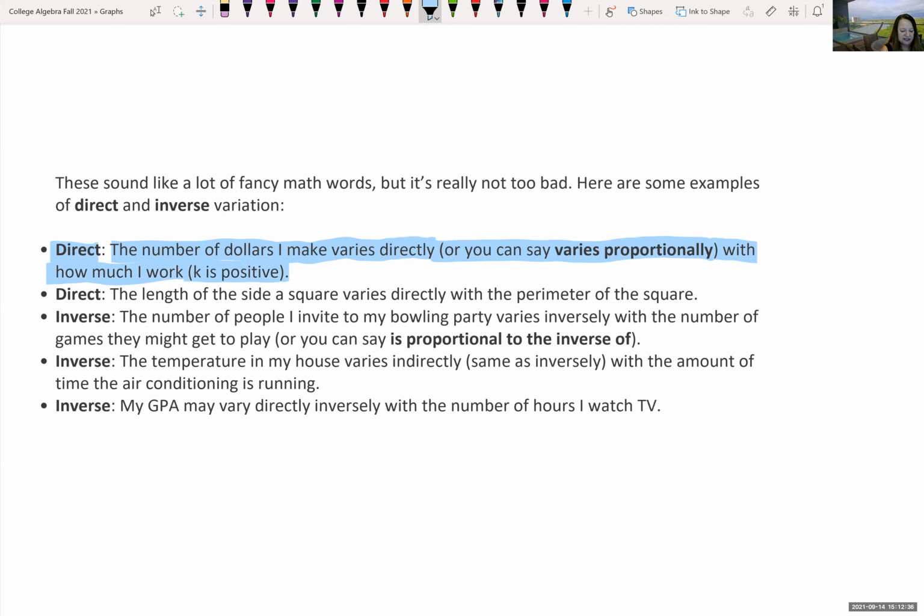And K is positive. So in that case, K is my hourly income. X would be the number of hours I worked. Another direct variation, the length of the side of a square varies directly with the perimeter of the square.